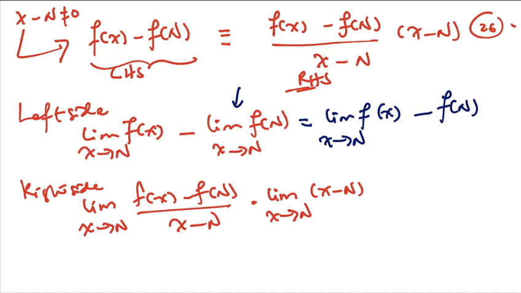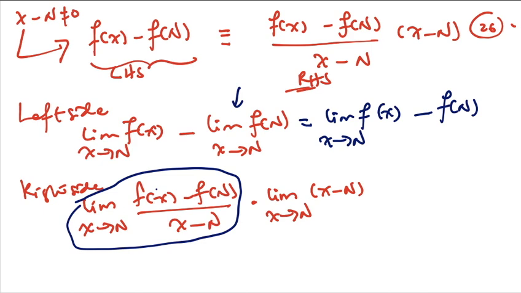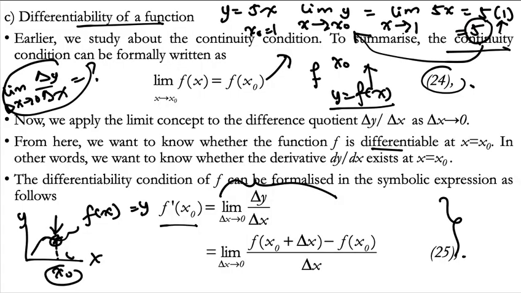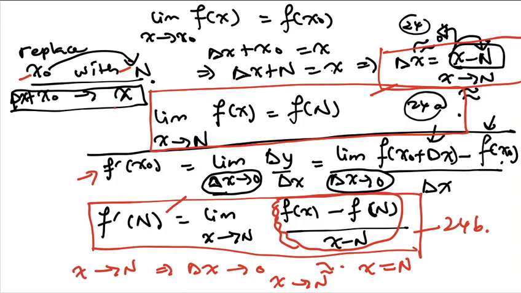This is actually the product limit theorem. Now, from here, let me use a blue pen. Have you seen this before? I'm sure you have seen this before in this slide. Or I would say this one, after simplification.